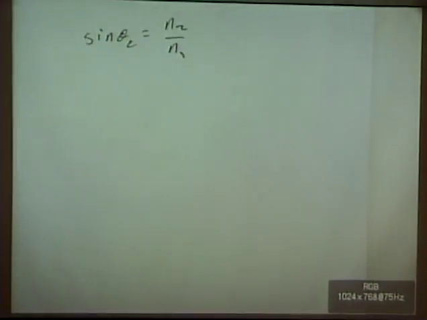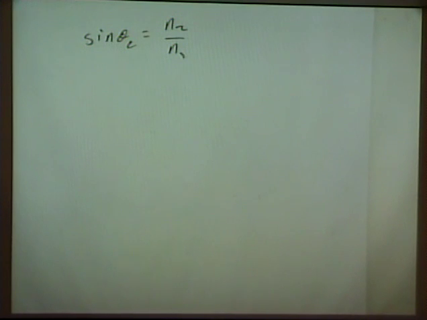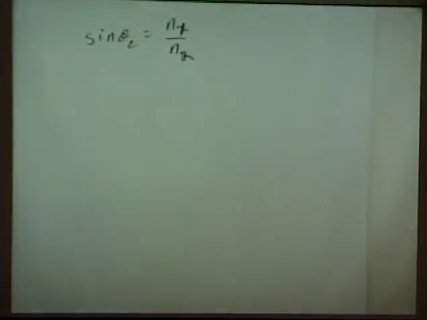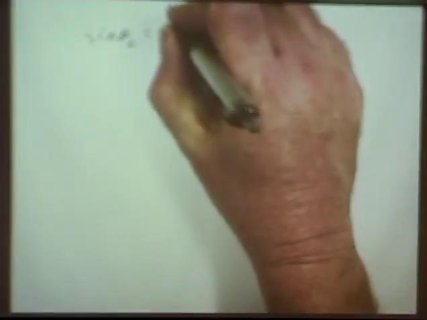Mystery problem. There you go. Isn't this the idea behind the critical angle? Wrong. I've got this wrong. It should be N1 over N2. Okay? N1 over N2. Where, remember, the critical angle we're dealing with, this is the N of the substance.